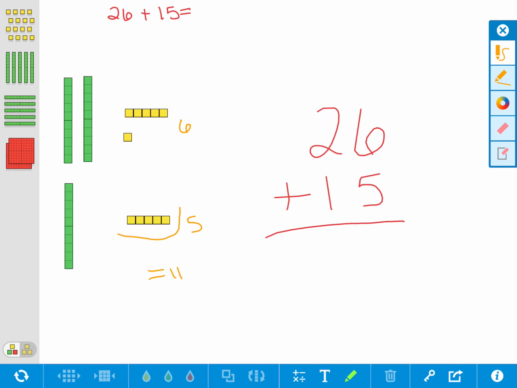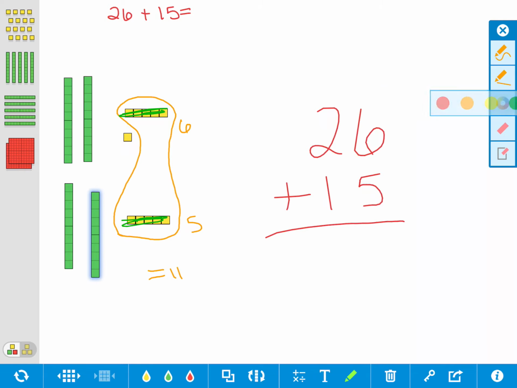So I can actually trade in 10 of these ones, and I can turn them into a 10. Now, the only number I have in the ones left is that one right there.